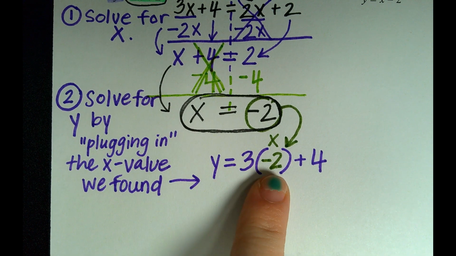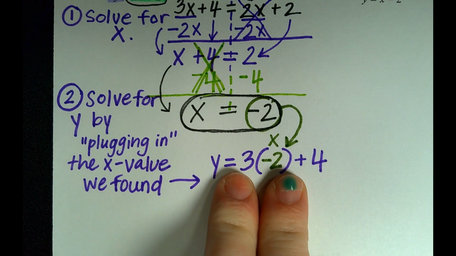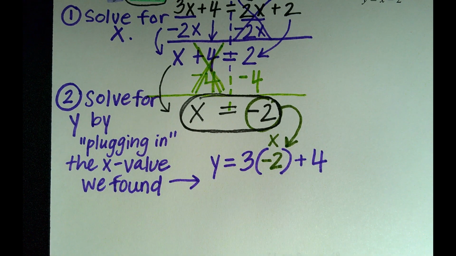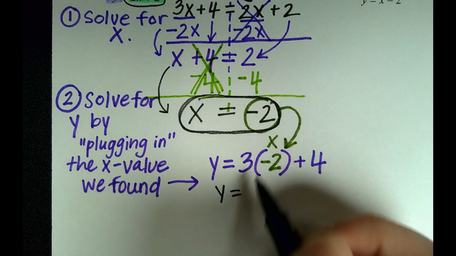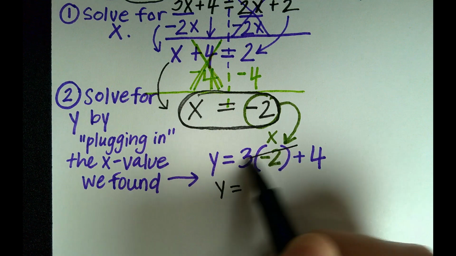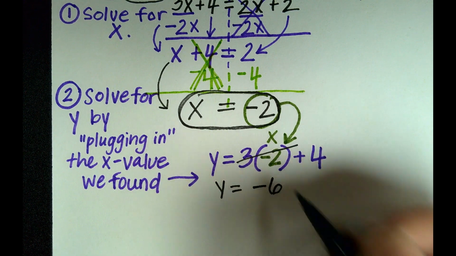So 3 and -2, we're going to start by multiplying those. 3 times -2. So to start, what is 3 times -2? -6.